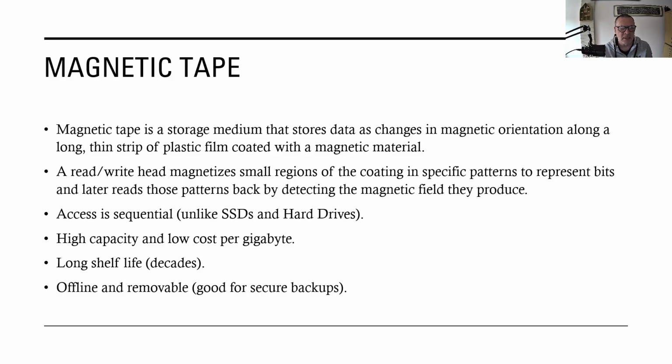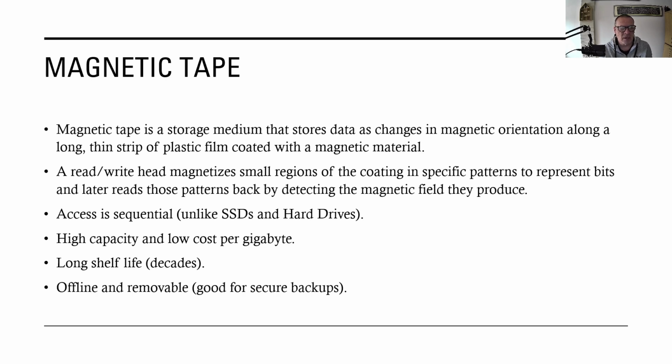With magnetic tape, you have to go through sequentially along the tape as it's read. That means that it takes a long time perhaps to find data that you wrote before. So getting data back from a magnetic tape can be very slow, but writing it to the magnetic tape is quite fast because you're writing it sequentially as the tape goes round.